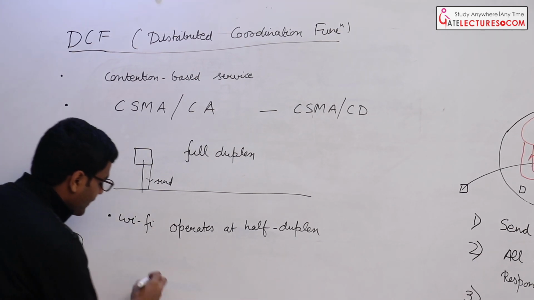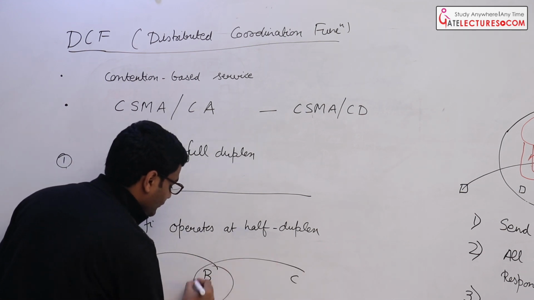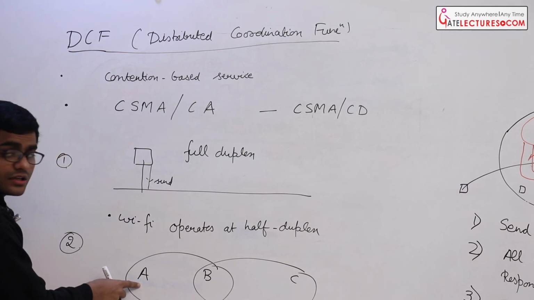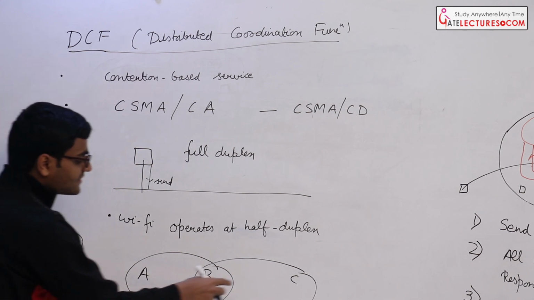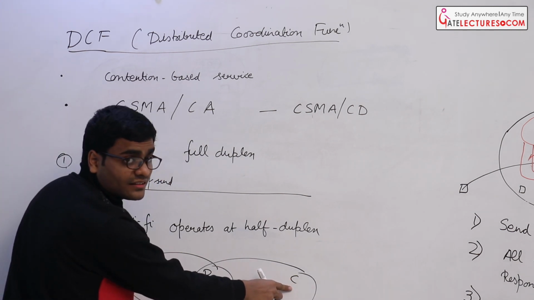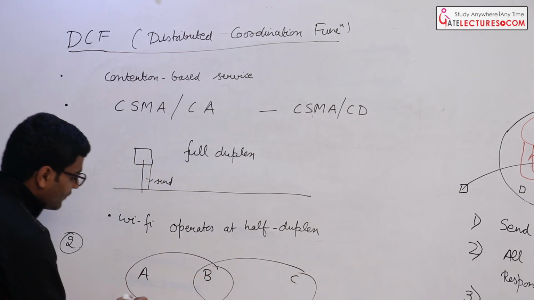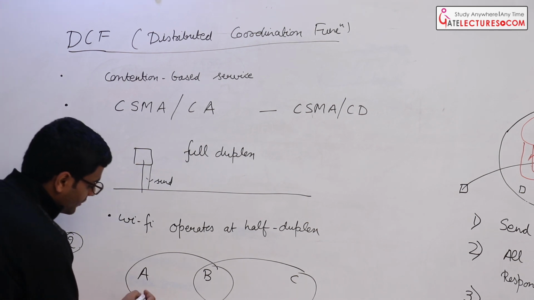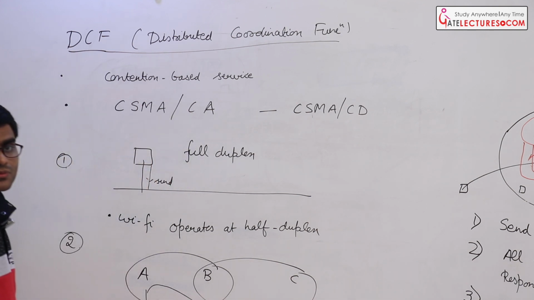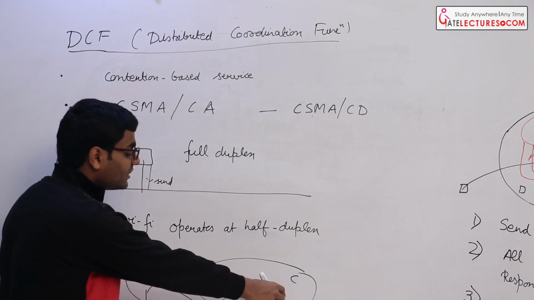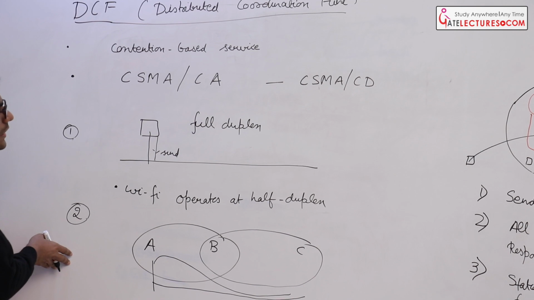But in Wi-Fi, if A is sending data and C is sending data, A is unaware that C is sending, because the signal strength of C is less at A. When A is sending data and it reaches C, the signal strength is very low to detect collision. So C will not be able to know that A is also sending data. So this is another reason why we can't do collision detection in Wi-Fi.